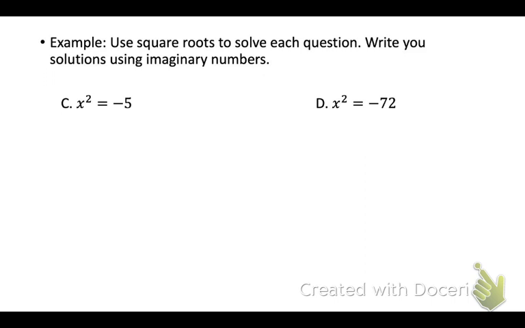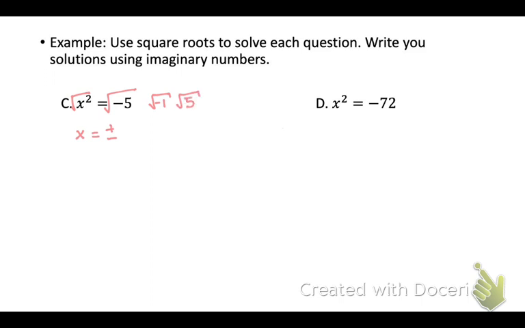So, x squared equals negative 5. So, square root of x squared equals square root of negative 5. And then, plus or minus. And we're going to have the square root of negative 1 times the square root of 5.